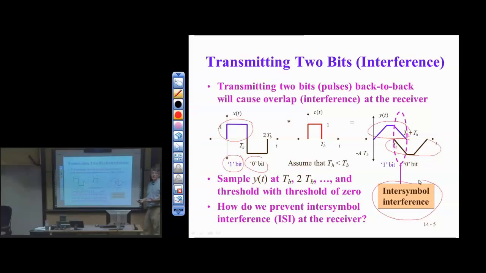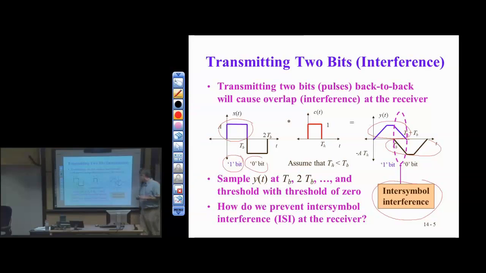This is reality in communication systems, like when we sample, we always have aliasing. In a communication system, in practice, we'll always have some amount of intersymbol interference. And the question is, as a designer, how much do we need to reduce, and how do we reduce it?